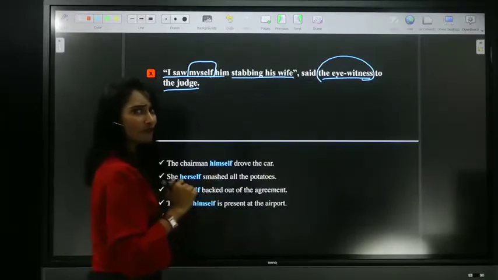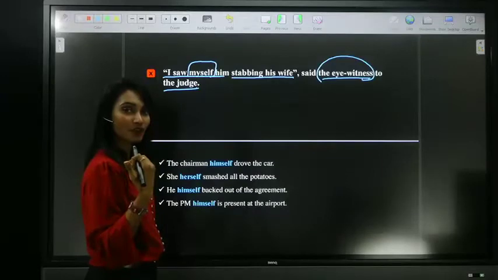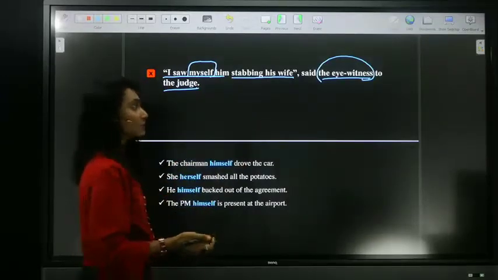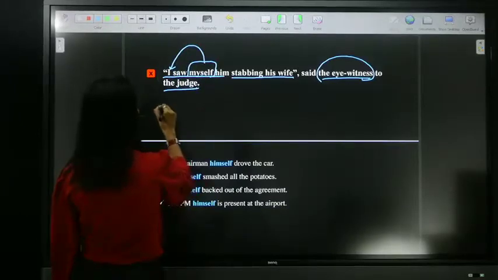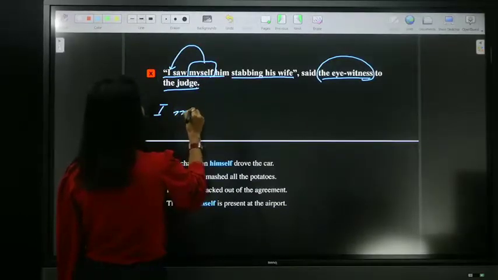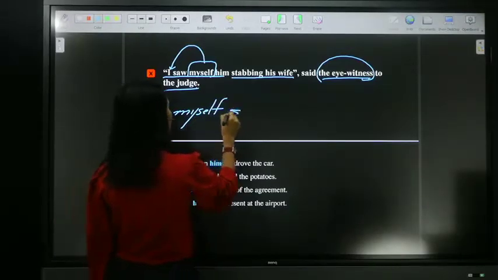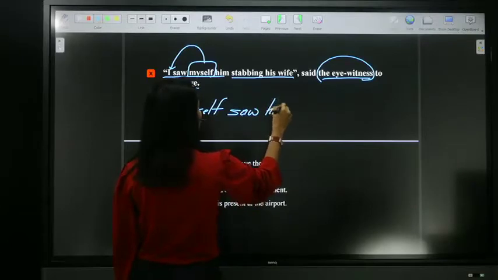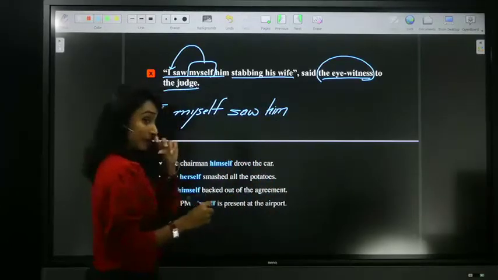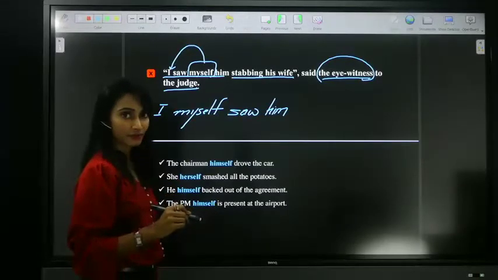And we know emphatic pronouns are placed before the verb, whereas reflexive pronouns are placed after the verb. So I want to make it an emphatic pronoun: I myself saw him stabbing his wife.